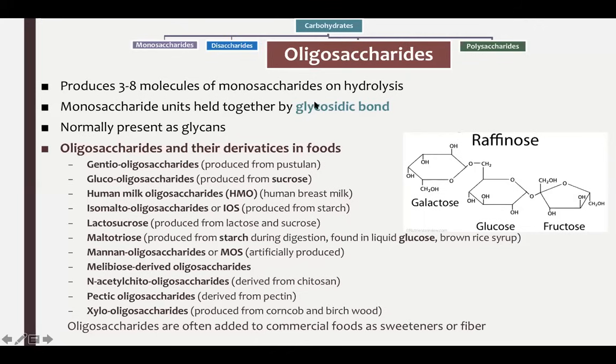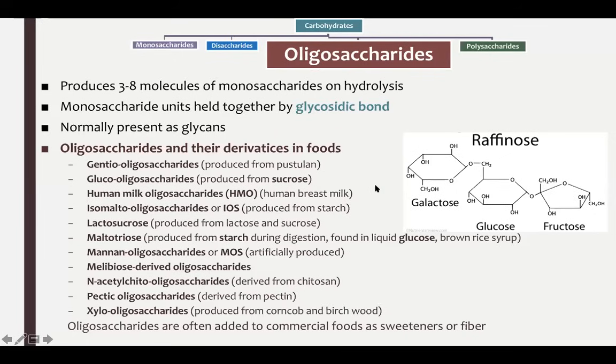Like disaccharides, in oligosaccharides the monosaccharides are held together by glycosidic bonds. For example, here you can see raffinose. Raffinose contains galactose, glucose and fructose, and these are the glycosidic bonds.